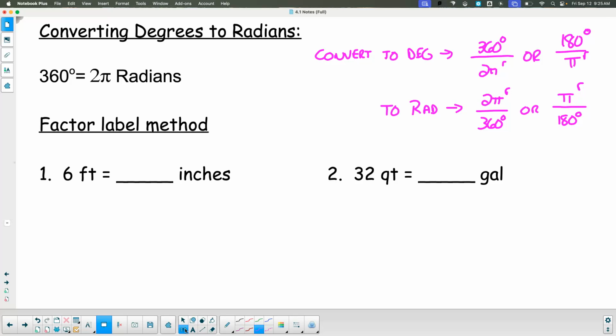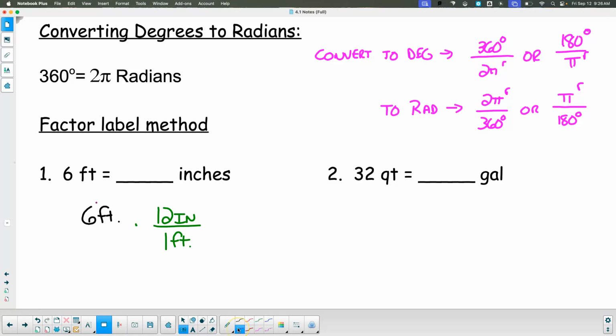And the reason that we're going to do that is because you've seen this probably in some of your scientific classes. If I want to convert 6 feet into inches, I'm really multiplying by 12 inches in 1 foot.